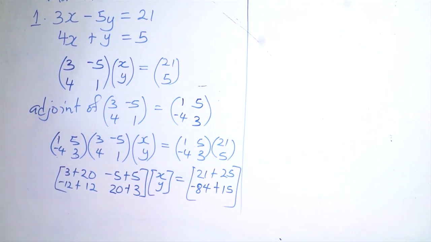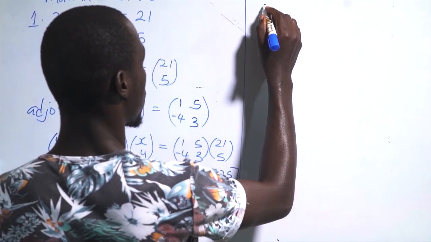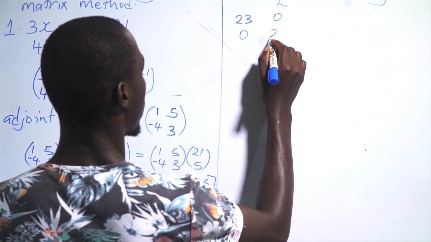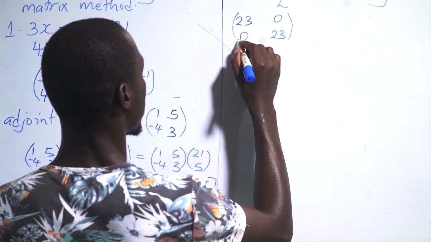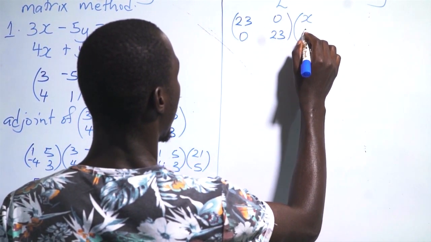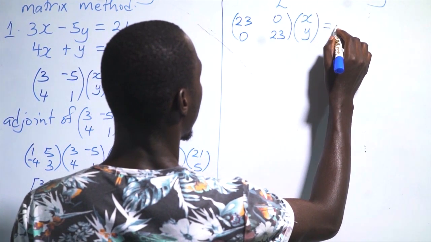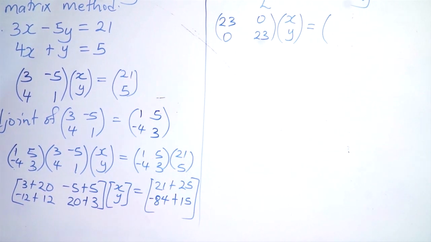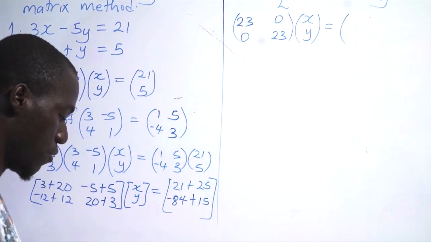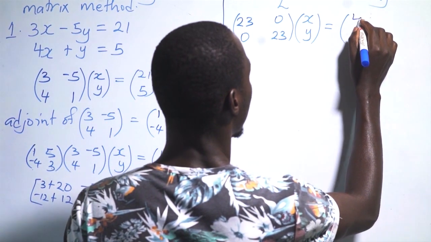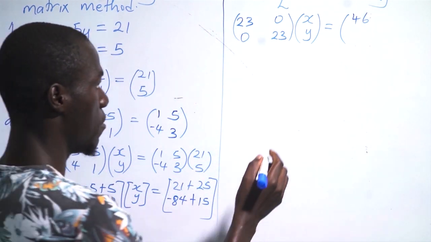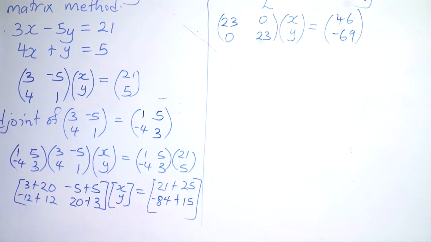Then when I add here, I'm having a 23, I'm having a 0, and a 20, 23. So when I add there, I should be able to get the 46. Then when I add here, I should be able to get negative 69.